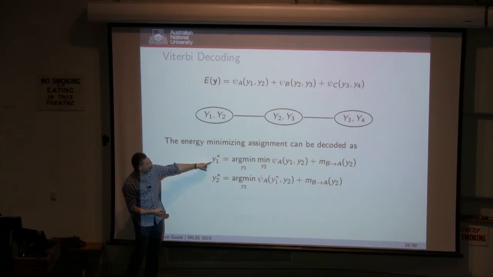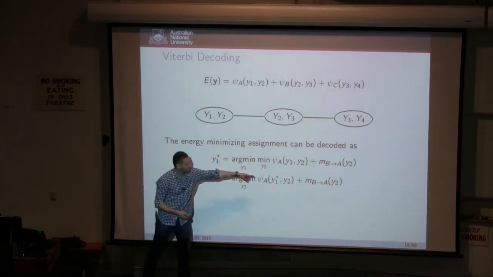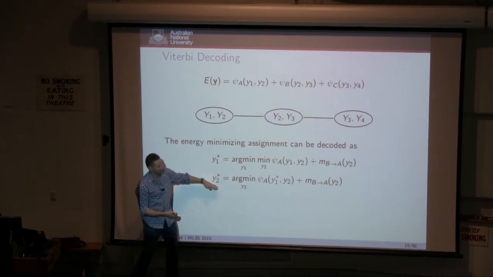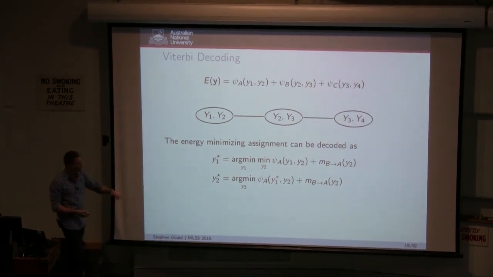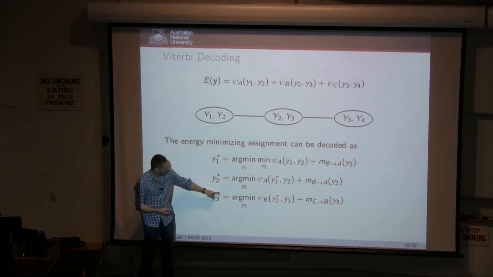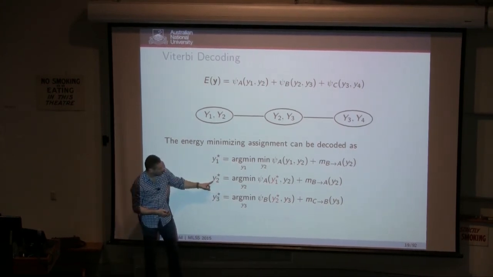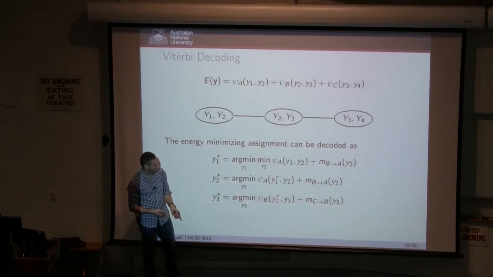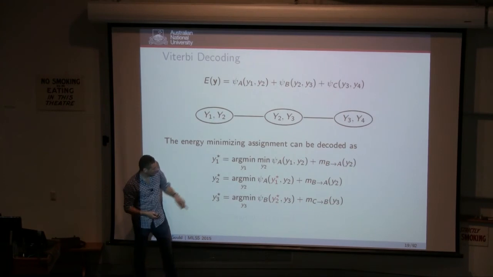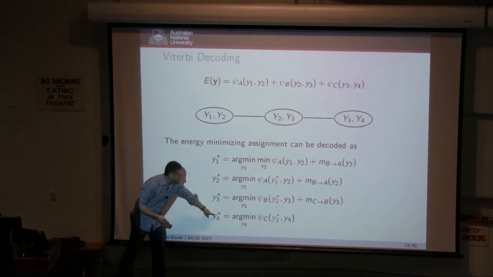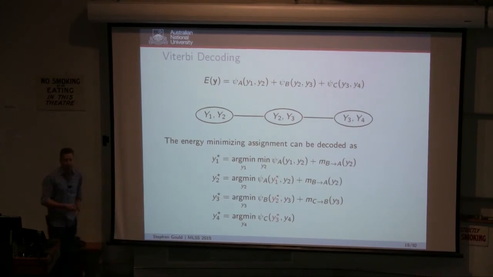I can then plug that value of Y1 back into the expression and then minimize over Y2. In reality, you would just do these two steps together. And then keep going back through the chain. So now I know what the optimal value for Y2 is. I can plug that into the expression that I had for the message from B to A and minimize over Y3. And then finally, find the minimizing assignment for Y4.